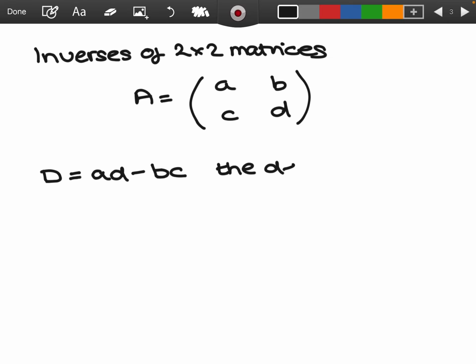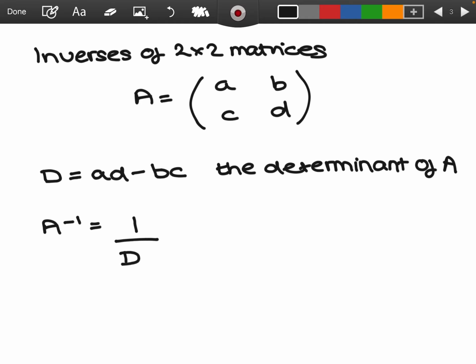This value, and we will come across it again, is actually called the determinant of a matrix. So I'm going to let D equal that value. Then A inverse is defined as 1 divided by that value D, and then I'm going to switch my positions of a and d in my matrix, and I'm going to make b and c negative.